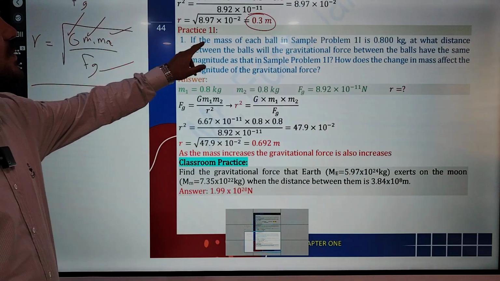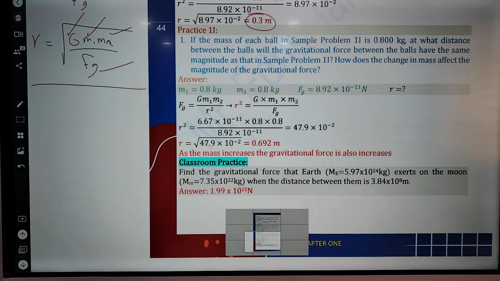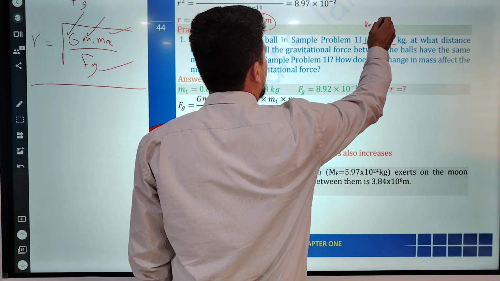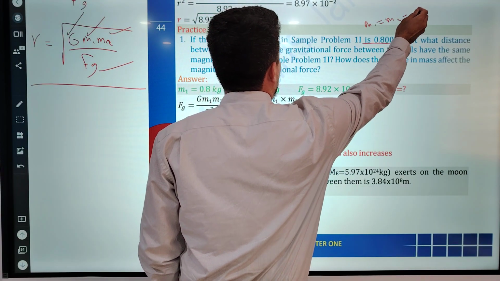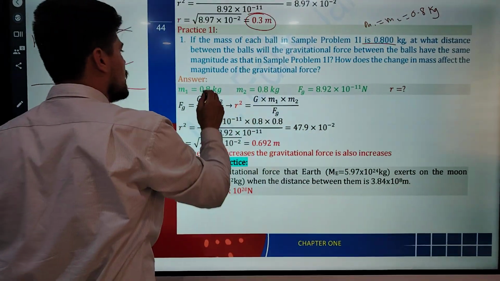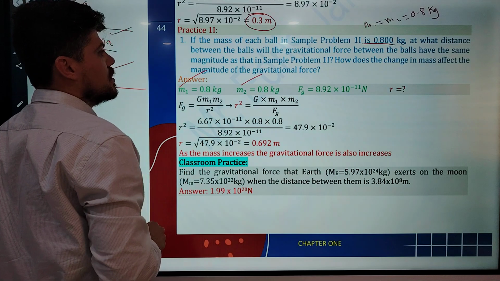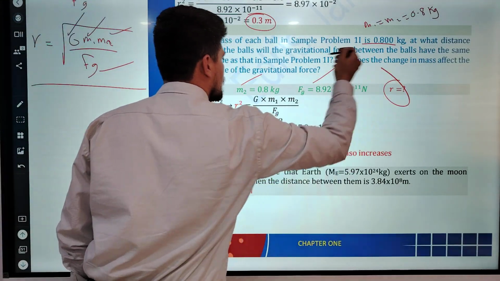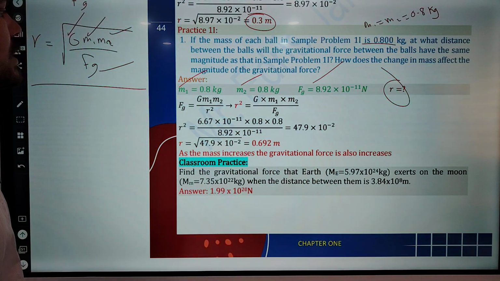Question 1: if the mass of each ball in the sample problem is 4.8 kilogram, M1 is equal to M2, find the radius or the distance between the two masses.